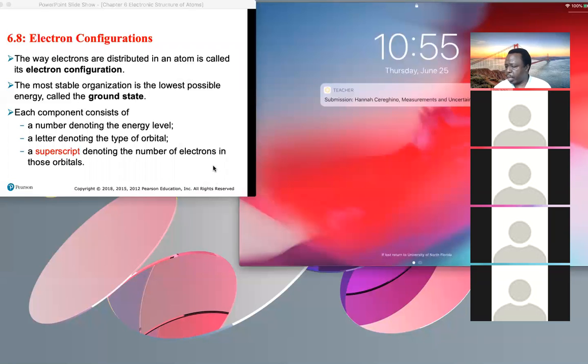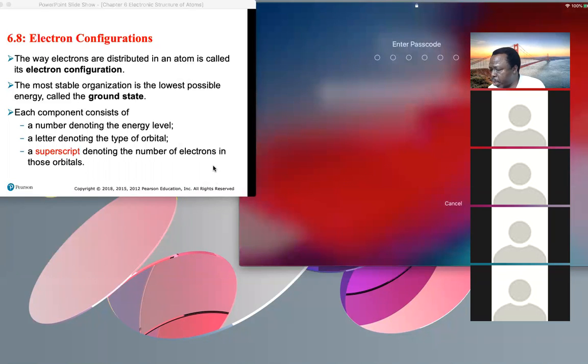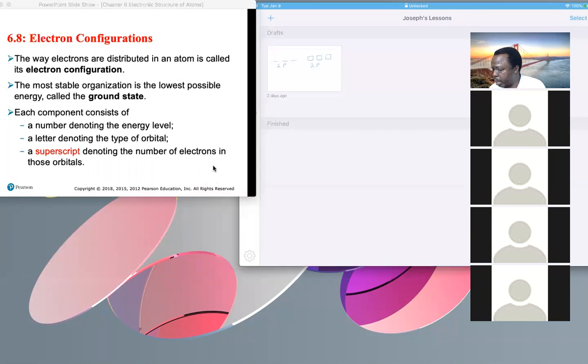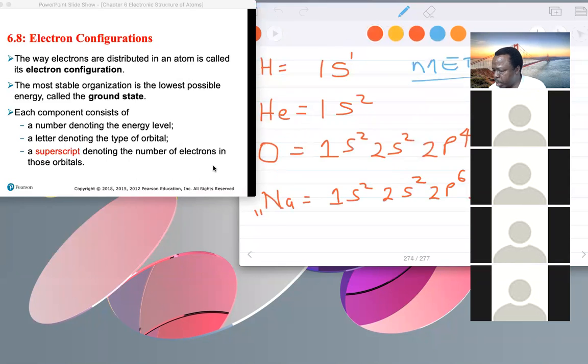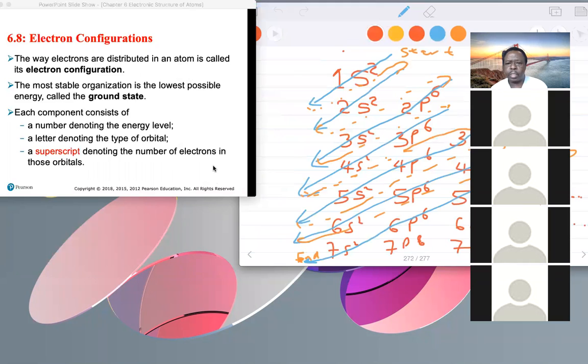I don't think you have this method in the text, which I walked you through last time, on how to write the electron configuration using this diagram.